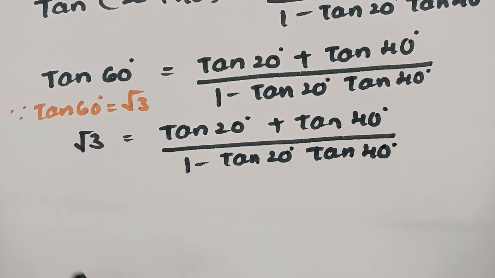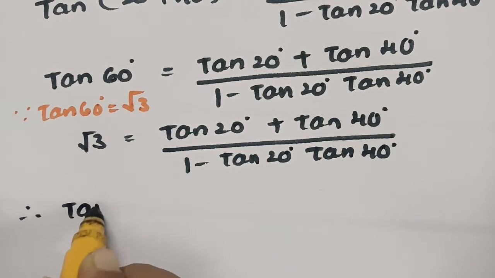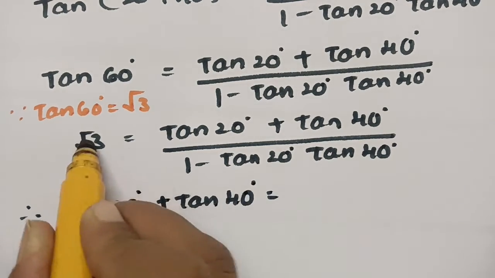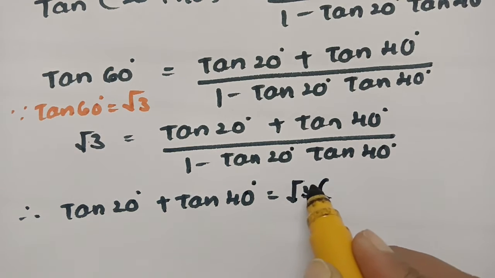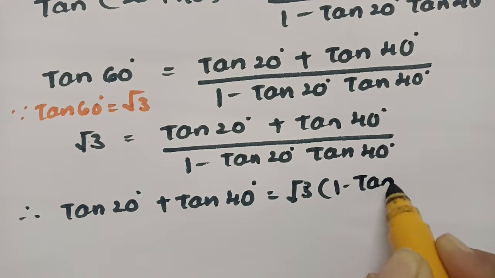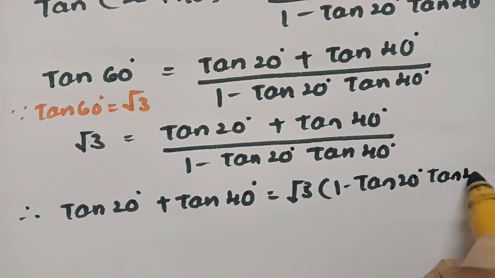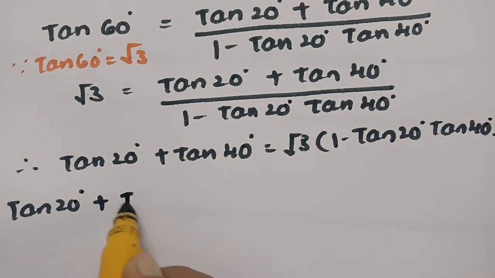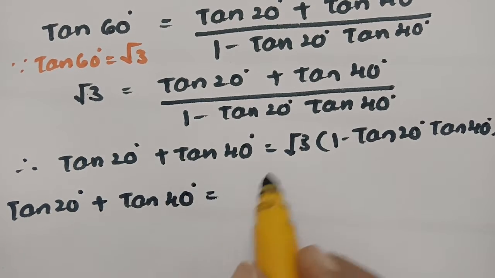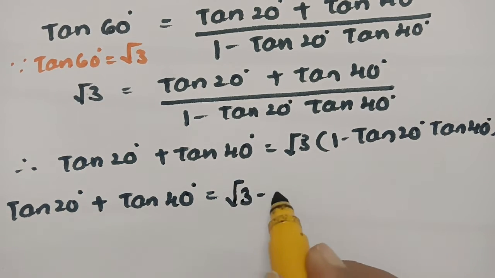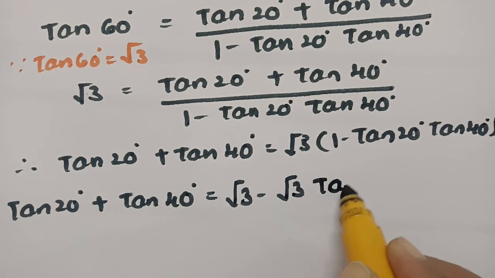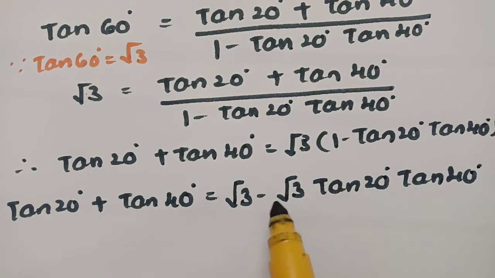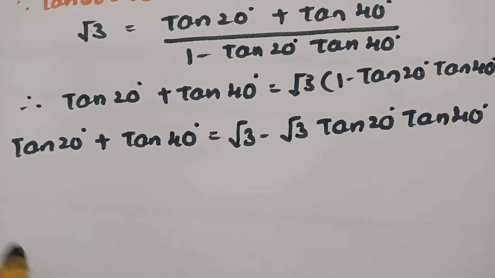So I am cross multiplying it. Therefore, tan 20 plus tan 40 degrees is equal to root 3 times of 1 minus tan 20 degrees into tan 40 degrees. So tan 20 degrees plus tan 40 degrees is equal to root 3 minus root 3 into tan 20 degrees into tan 40 degrees. So I am sending this negative part to the other side, so it will become plus.